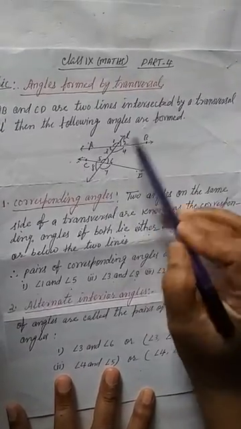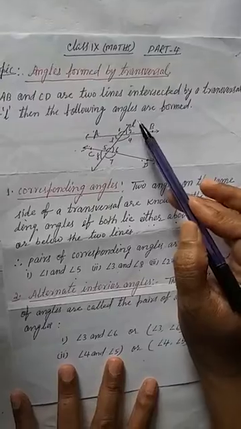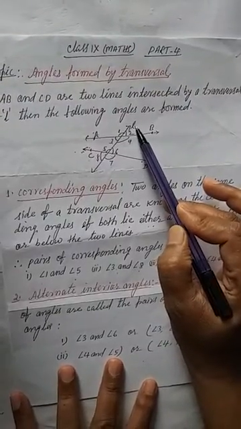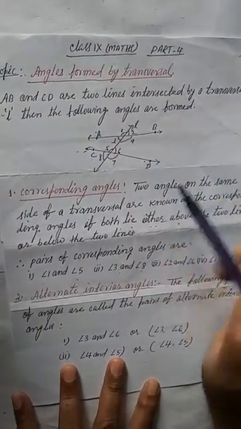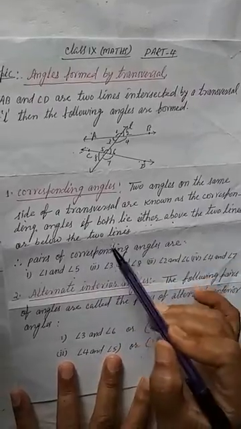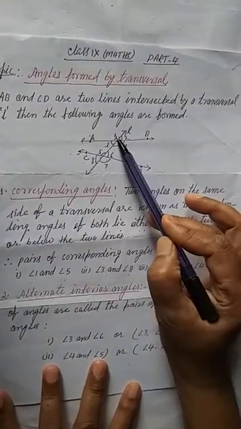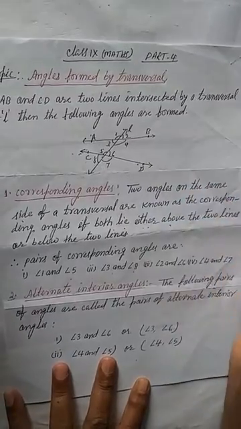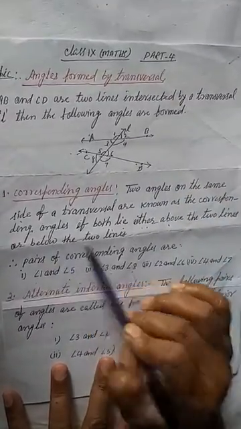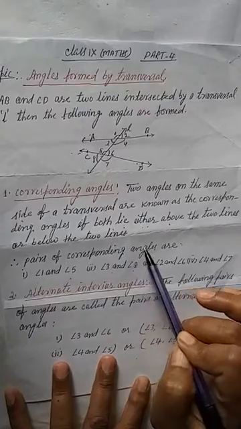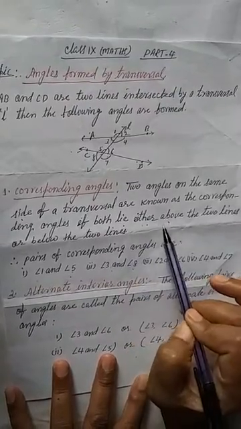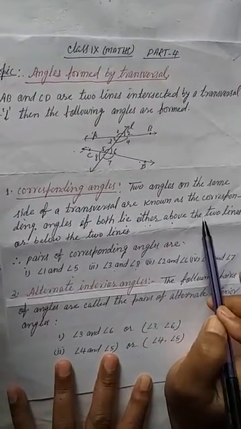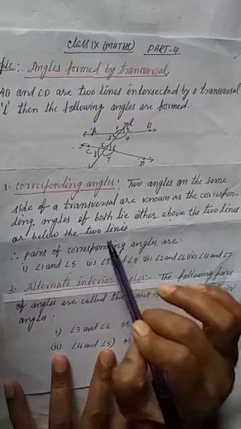So what is the transversal in this figure? L is the transversal. Now, according to the definition, angle 1 and angle 5 are corresponding angles. Why? Because these angles are formed either both above the two lines or both below the two lines.